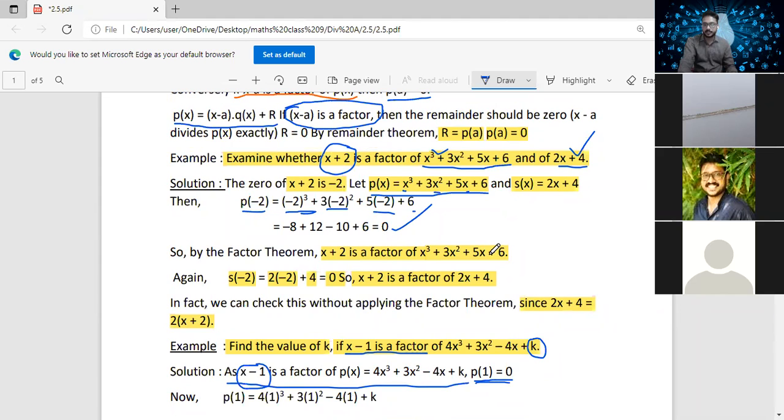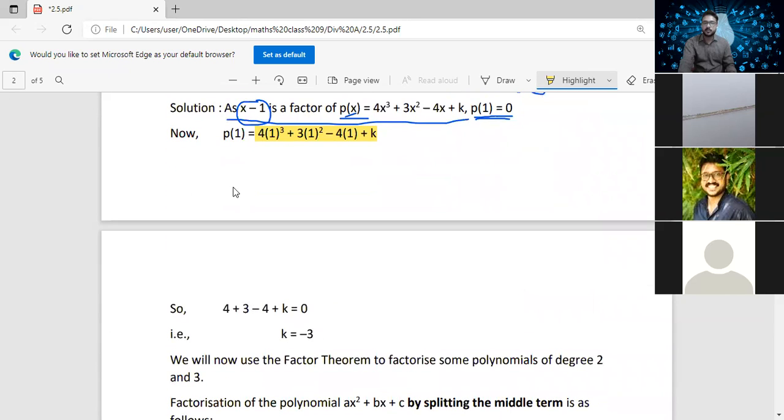So we are going to substitute the value 1 instead of x in the polynomial p of x. Now look here, p of 1 is equal to, instead of x, we are substituting 1: 4 into 1 cube plus 3 into 1 squared minus 4 into 1 plus k.